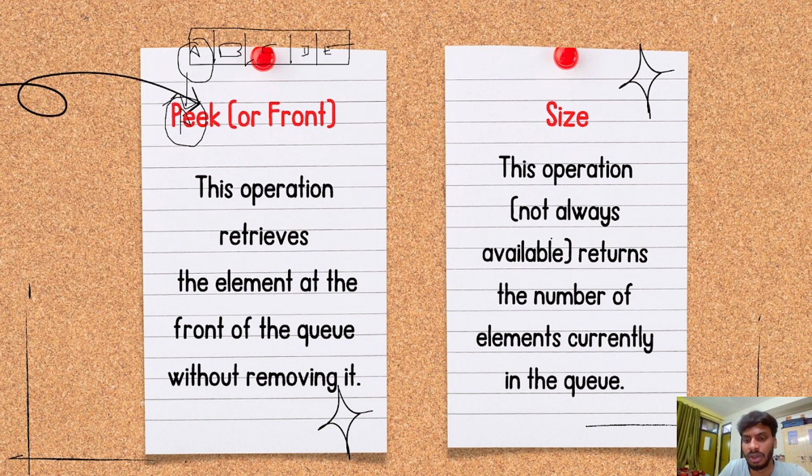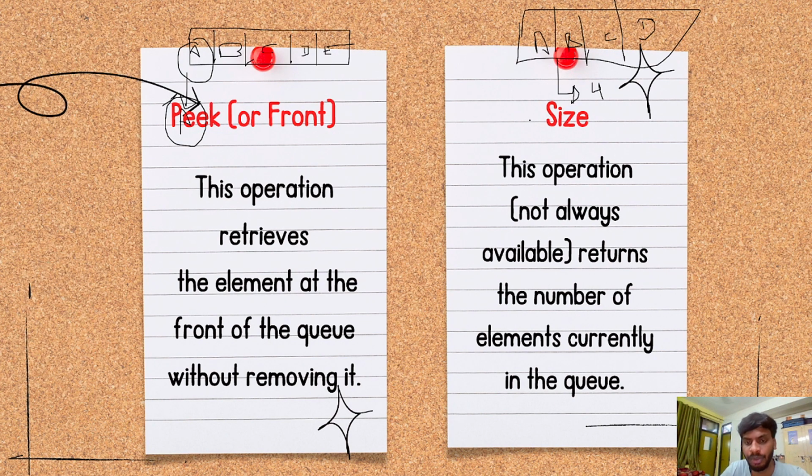This operation is not always available, but it returns the number of elements currently in the queue. Like we have the elements in a queue A, B, C, and D. So the number of elements in this queue are 1, 2, 3, and 4. The size is 4. So it basically counts the number of elements in a queue.